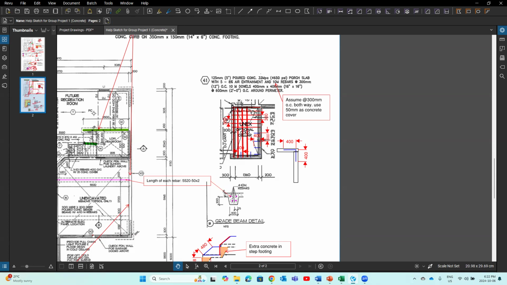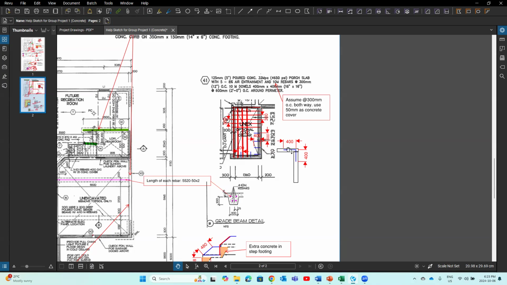So you take this dimension, subtract 50, and you get the length of each. Then you figure out how many: take the other dimension, divide by 300 millimeter, and add 1 at the end. Same thing for this rebar. So for the dowels, 10M dowels, 400 by 400 millimeter at 600 millimeter on center, around the perimeter.